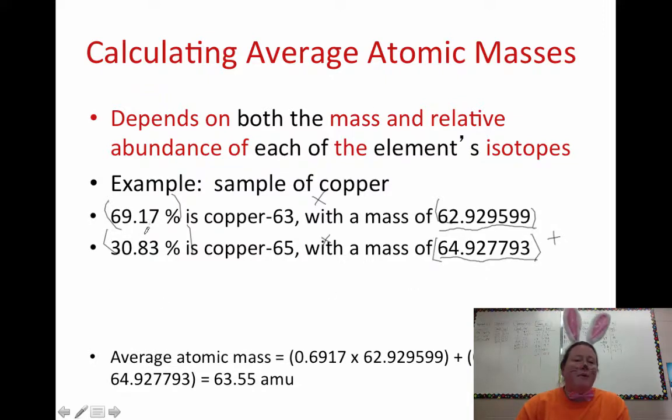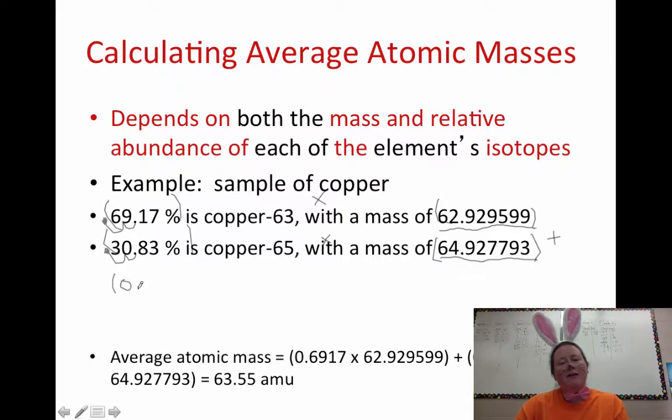But before we can do it, we have to convert the percent to a decimal. So since percent is per 100, we need to move the decimal place over twice. So 69.17 becomes 0.6917, and 30.83 becomes 0.3083. So here I'm going to set it up.